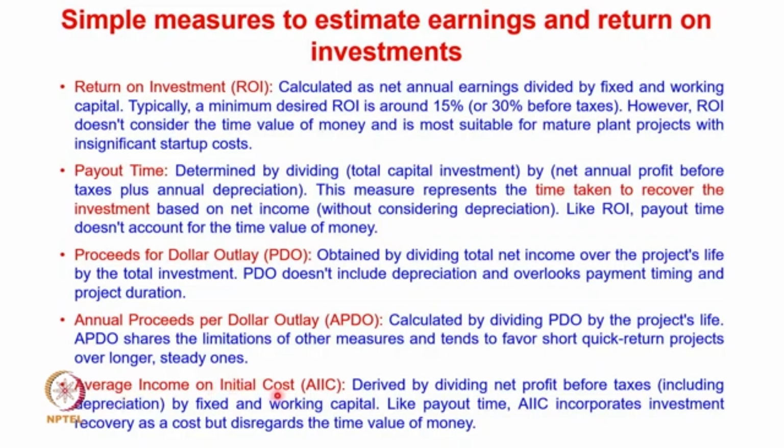The next is the average income on initial cost, AIIC. You can see that AIIC is obtained by dividing the net profit before taxes including depreciation by the fixed and working capital.